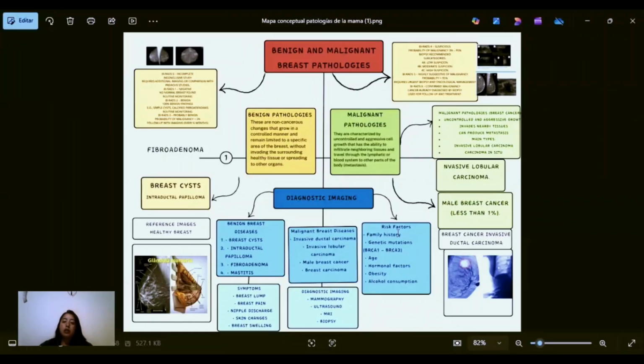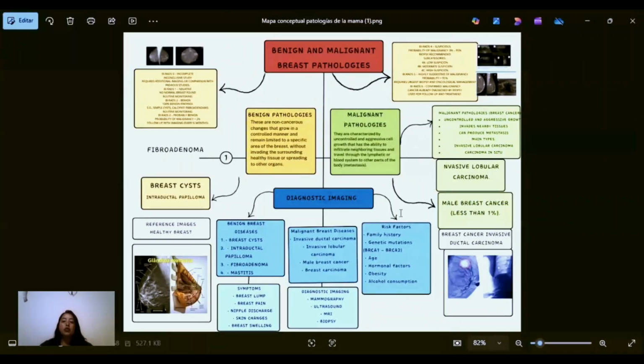Chemotherapy, radiation therapy, and monitoring because of advanced breast cancer. Recommendation: immediate oncological treatment, close follow-up with breast imaging, tumor markers, and multidisciplinary evaluation.